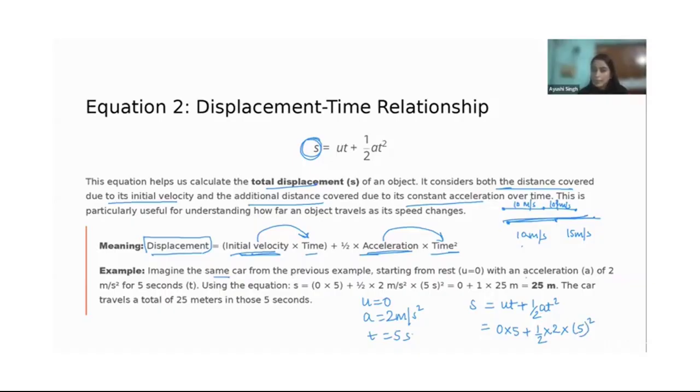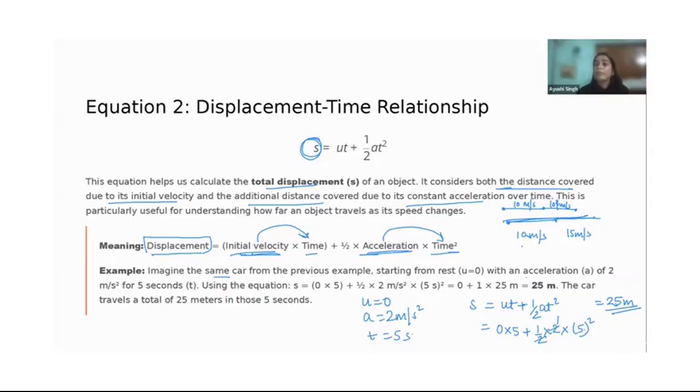Now, can you solve this? 0 into 5 is 0, so let's not consider that. You cut it out and you get 1 only, and 5 squared, what is the square of 5? That is 25, right? 25 meters. So this is our answer. This much distance is covered by the same car, whose final velocity we calculated earlier.